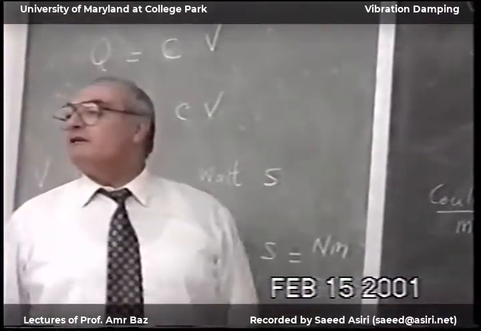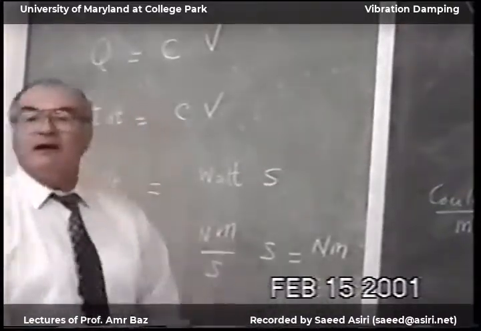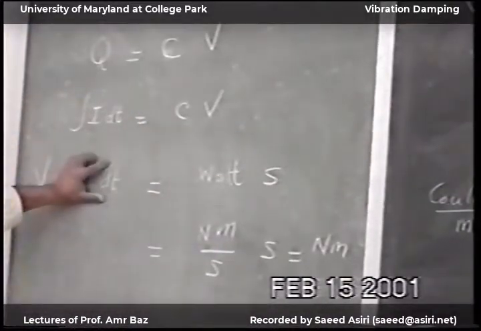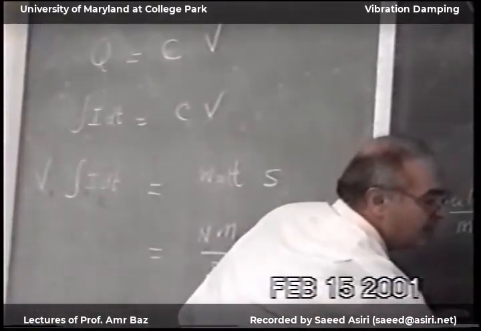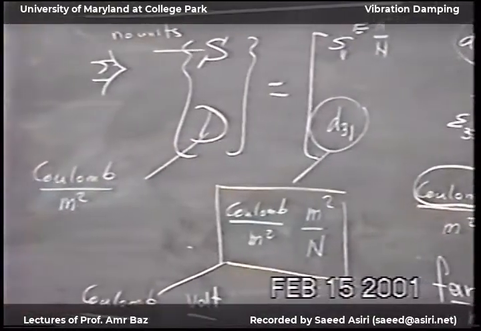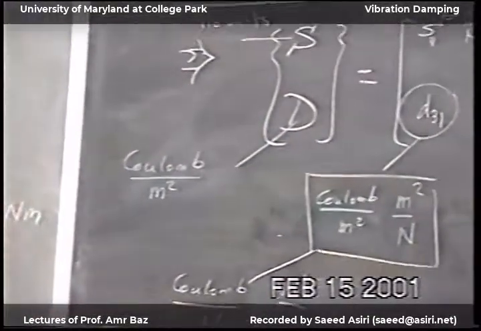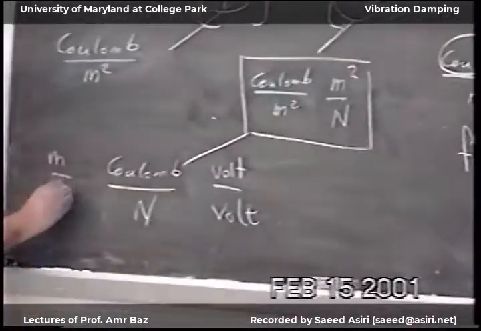Now we can come here and do this trick. I'll multiply charge by voltage and divide by voltage. Then I'm going to also multiply by meter and divide by meter.